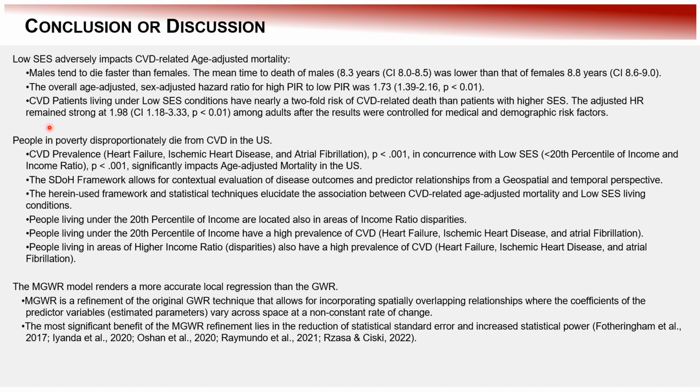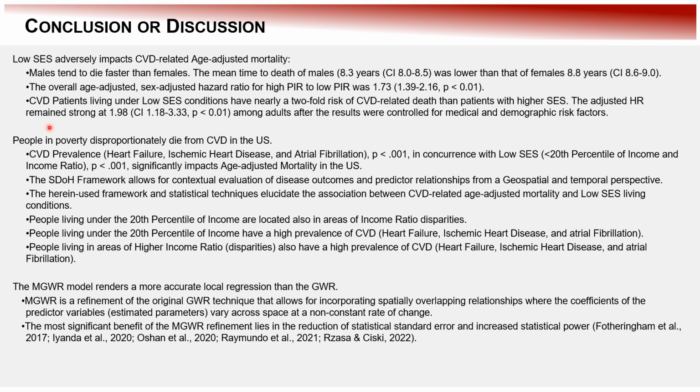The overall age-adjusted, gender-adjusted hazard ratio for high to low poverty to income ratio was 1.73, almost twice, with a statistical significance of less than 1%. So significantly statistic.